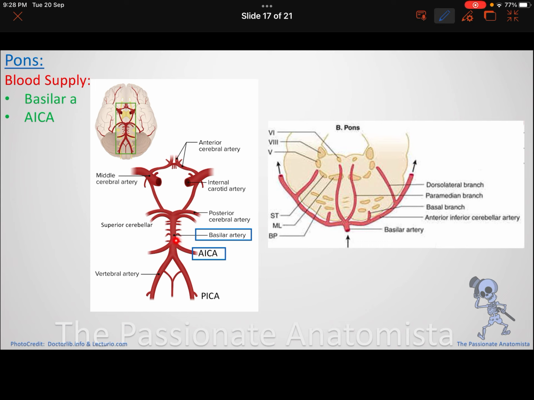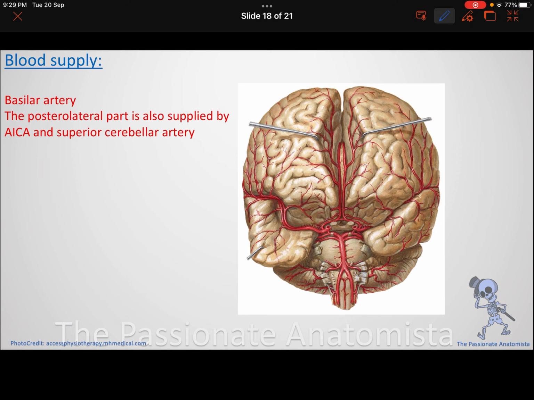So the basilar is gonna supply the pons, and then it's gonna end up as the superior cerebellar, and then the terminal branch is the posterior cerebral, and they are going to supply the midbrain. Okay, so for the pons we have the AICA mainly and the basilar. If you look at the pons, you can see that the AICA is basically supplying laterally, and the basilar, the paramedian branches, are going to supply the medial part of the pons.